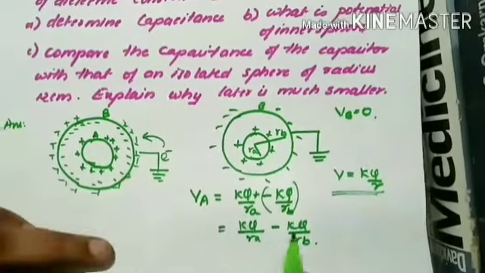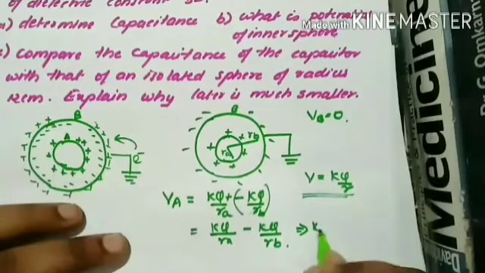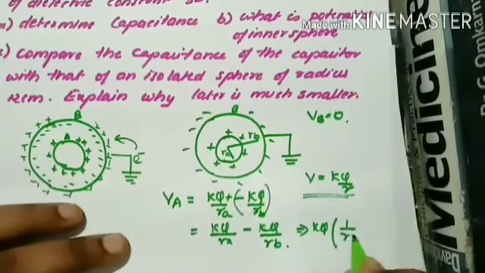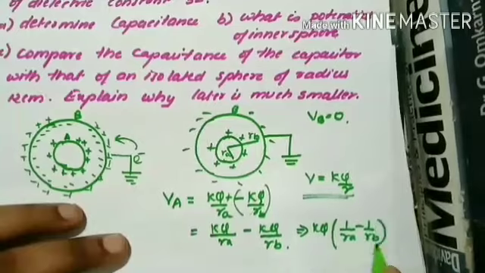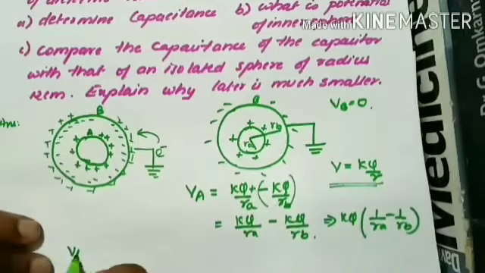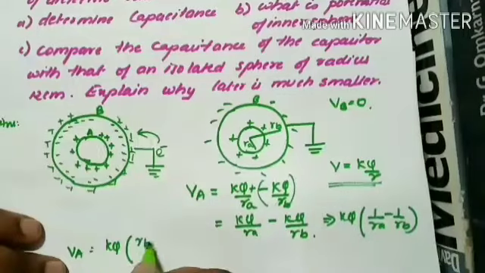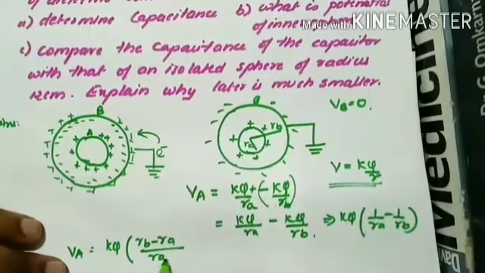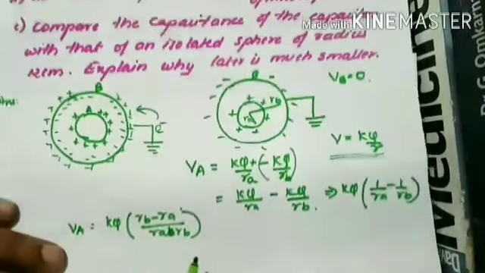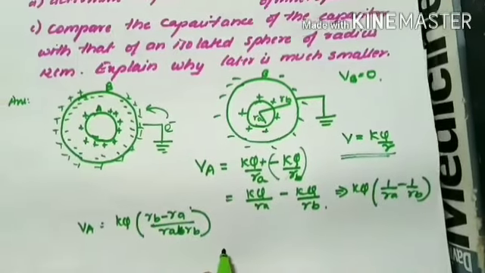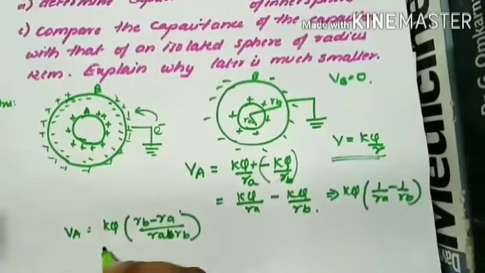Now in this case KQ is constant, I will take it outside: 1 by RA minus 1 by RB. So I can write VA is equal to KQ, cross multiplying, RB minus RA divided by RA RB. Clear? Now you are asked the second part of the question.